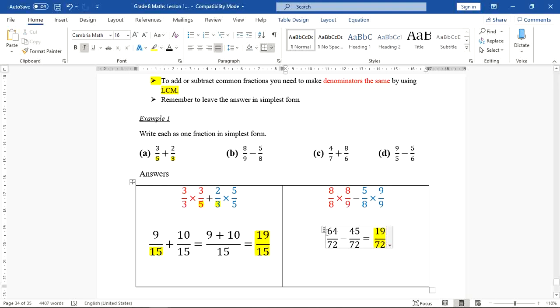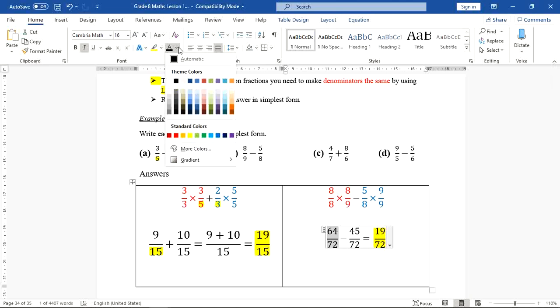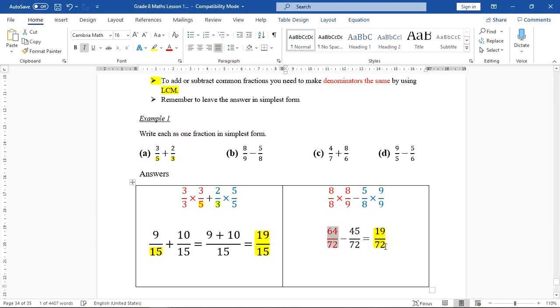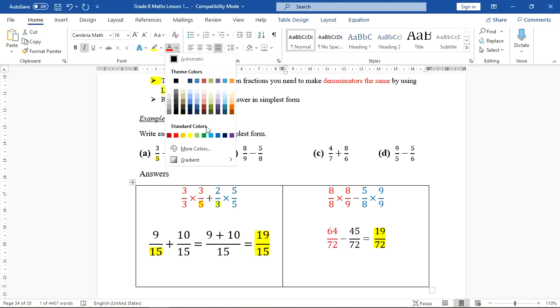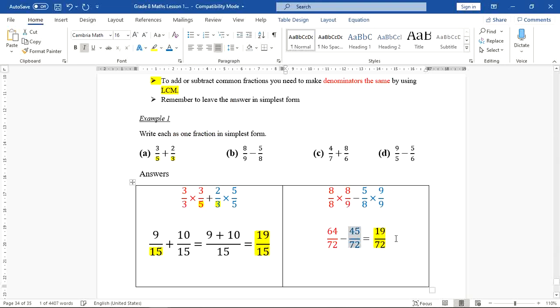All right, so if I can just repeat what I've said, let me just quickly do this. I'll make this one red so that it stands out, and I'll make this one blue to show that it came from the blue numbers. So let me just quickly go through again. The subtraction one, we had 8 over 9 minus 5 over 8. We're going to write this as a single fraction. We need to make sure that the denominators are the same. So we need to find the lowest common multiple of 9 and 8, which is 72.